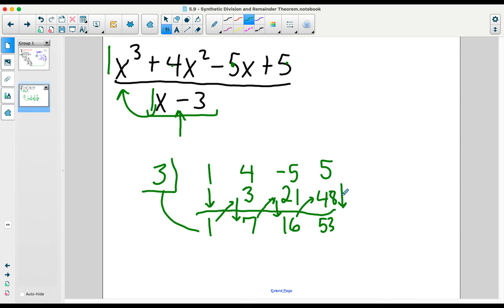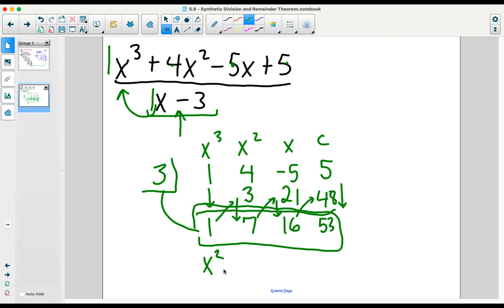When we write our quotient for the synthetic division, this answer polynomial, this quotient polynomial, is 1 degree less in each of its terms than the original dividend. So if the original dividend went x cubed, x squared, x, and then the constant term, we're going to do the same thing here. We're just going to drop the term down.